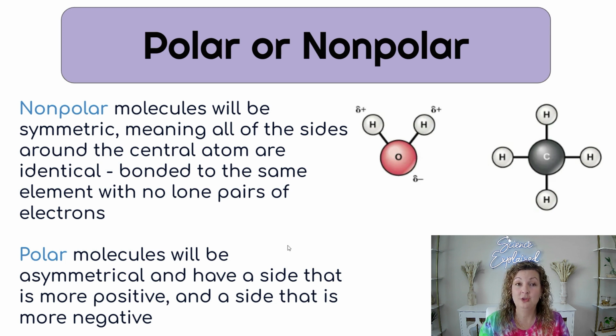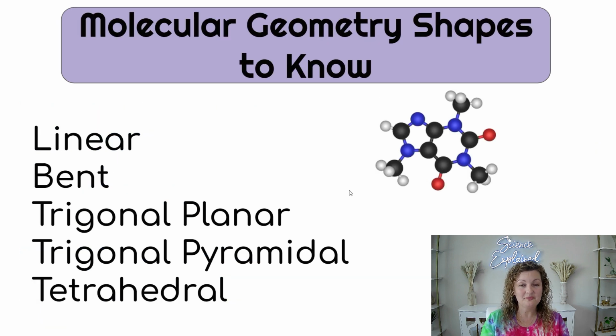And then we have our polar molecules, and these are going to be asymmetrical. In other words, they're not looking the same on all sides of our molecule. And we're going to have sides that are partially negative and sides that are partially positive, like this one right here. So we're going to talk about 5 different shapes today in this video. Here they are, and let's talk about each one individually now.